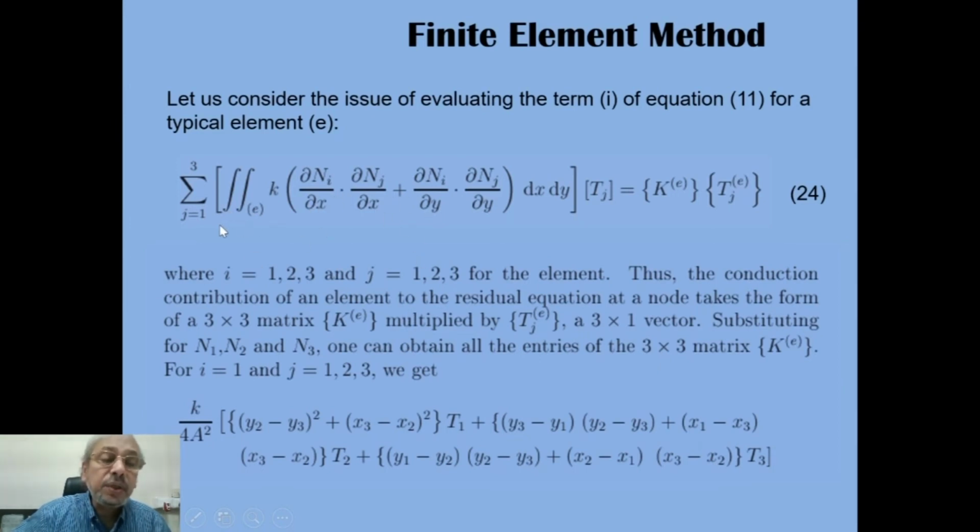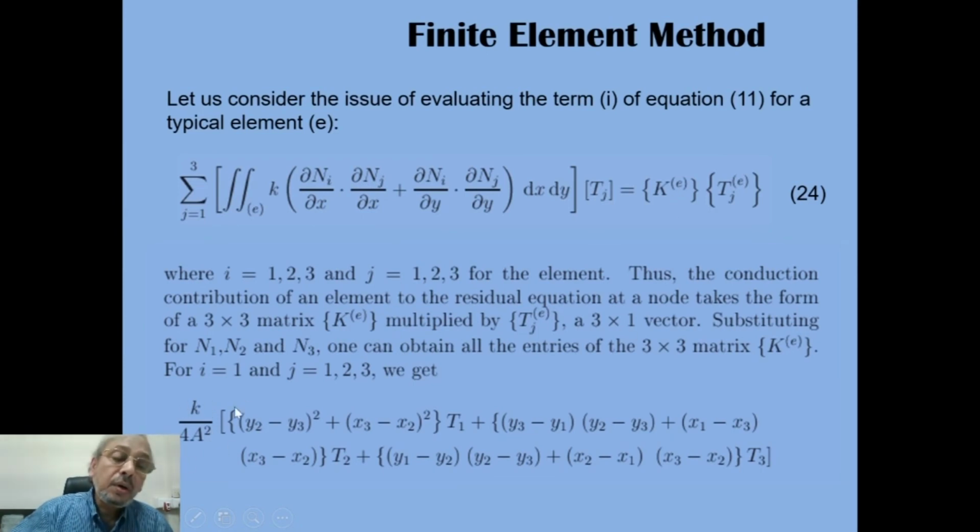So first we have to take i equal to 1, vary j equal to 1, 2, 3. Then i equal to 2, j equal to 1, 2, 3. Then i equal to 3, j equal to 1, 2, 3. And we will be able to get basically all the elements of this matrix.